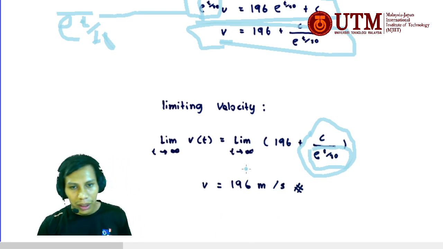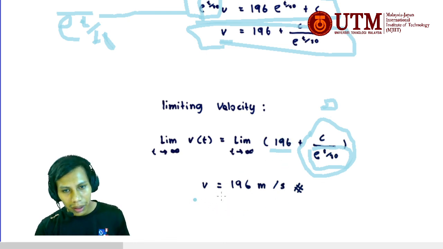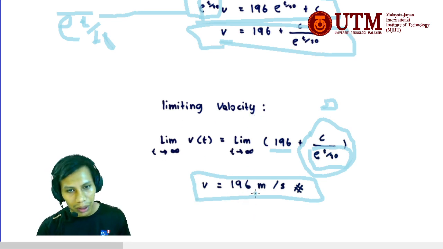So this term will be 0. So this is the answer. We know the limit is 196. Here is the final answer. The limiting velocity of the falling object is 196 meter per second.